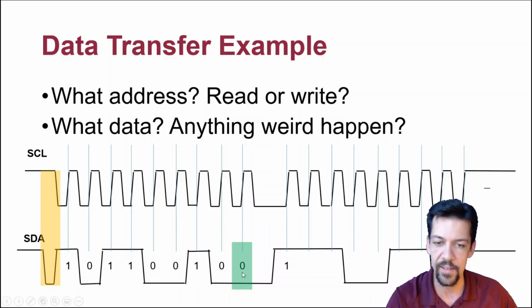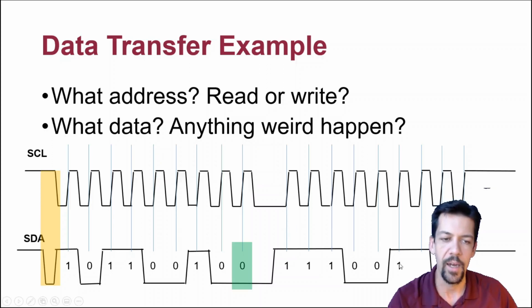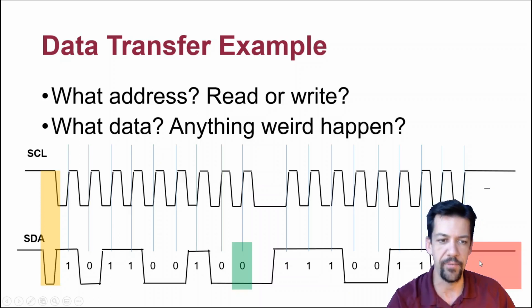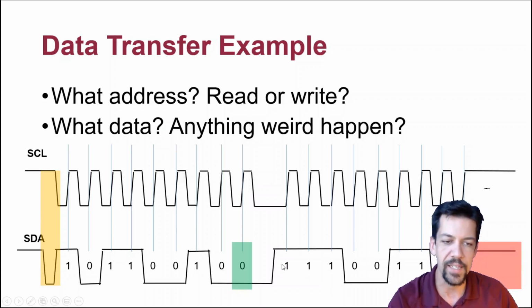Now the master is again sending data to the slave. So we latch in a 1, another 1, another 1, 0, 0, another 1, a 0, and then we have our stop signal at the very end, right? These 8 bits are the data that we've transferred.